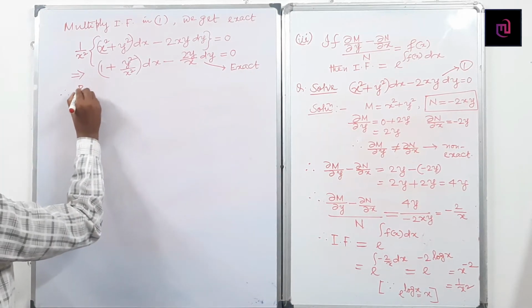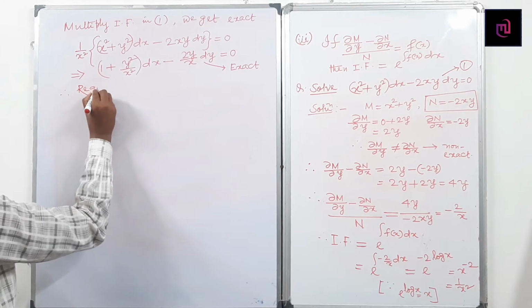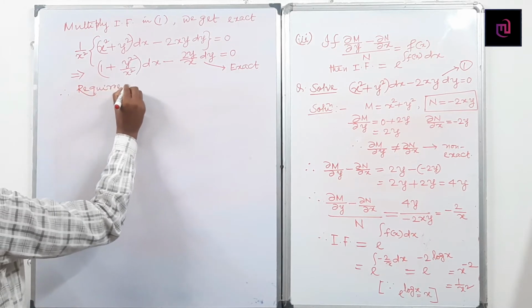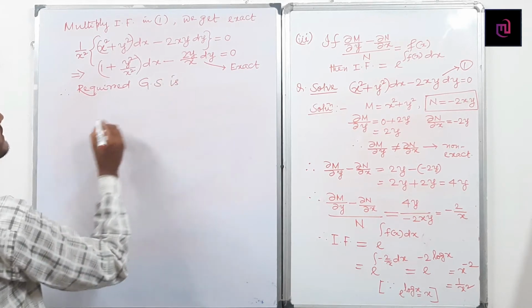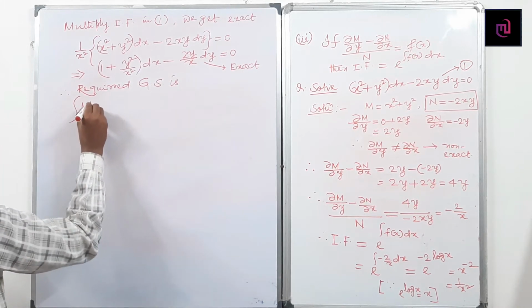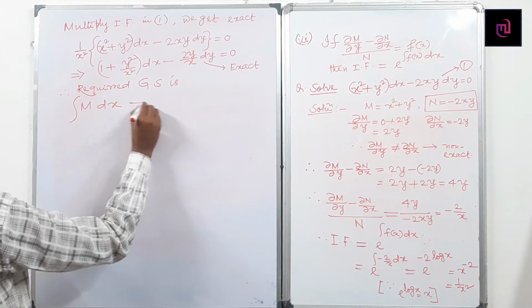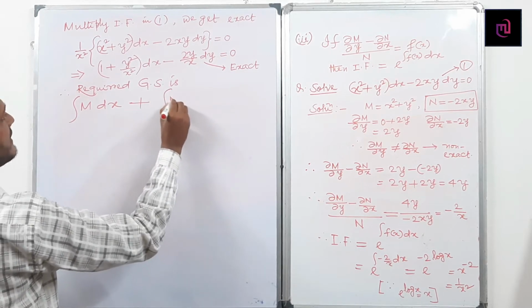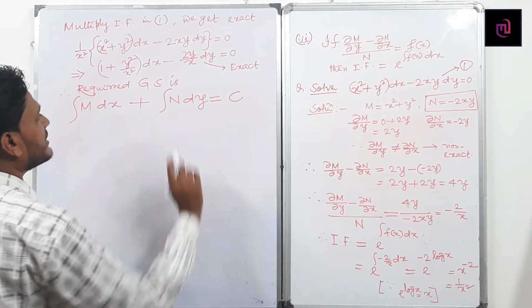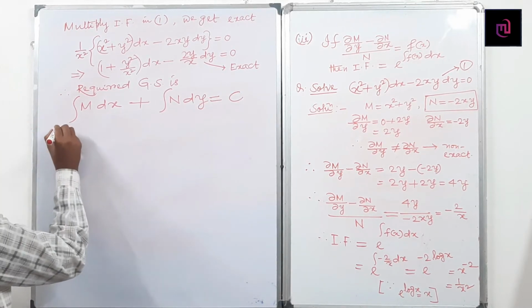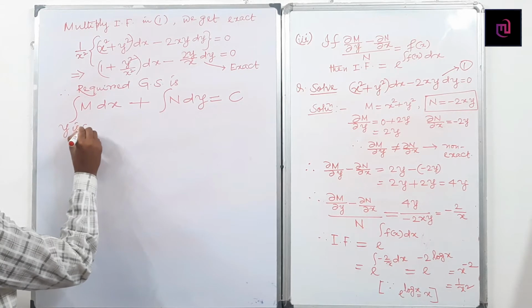Therefore the required general solution is integration of M dx plus integration of N dy equals some arbitrary constant or integrating constant. And in this case, y is constant.